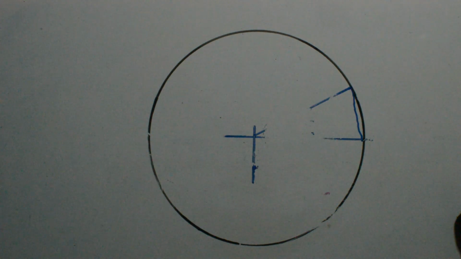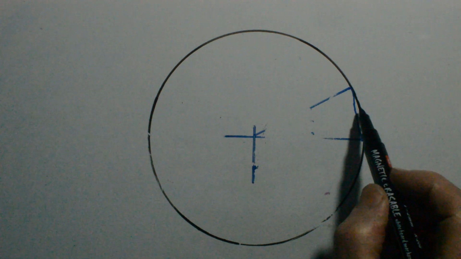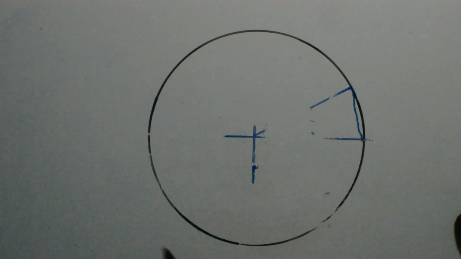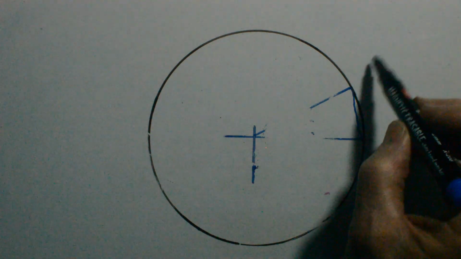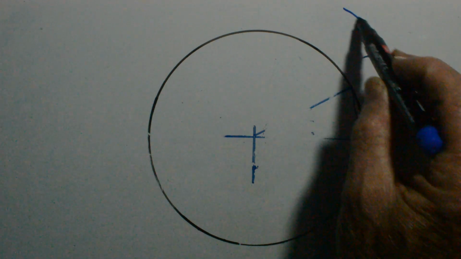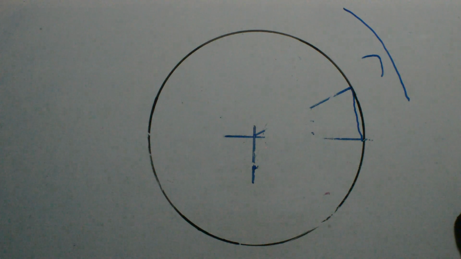We're going to talk about curvature. The curvature would be how badly this is curved. So if we have this, this is a lot of curvature, this is only a little curvature.